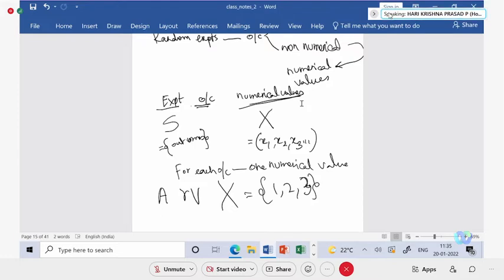The underlying experiment can be anything. But it is very certain that the experiment has got 3 outcomes. For those 3 outcomes, I have given the numerical values. That much I am clear. But the underlying experiment, I am not very clear.